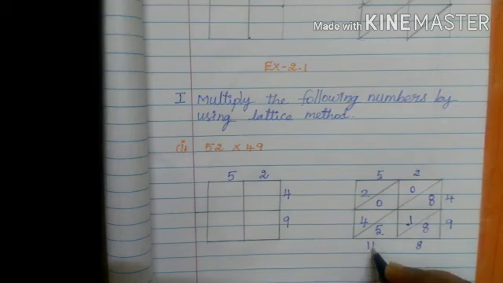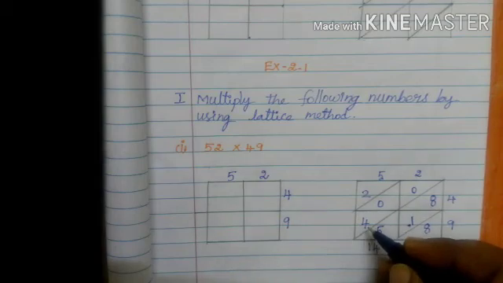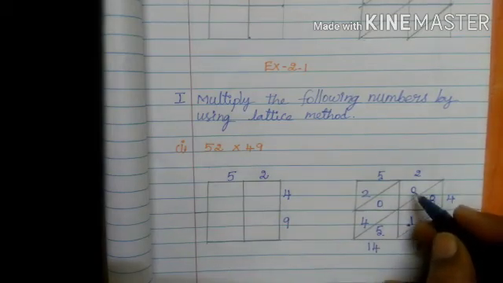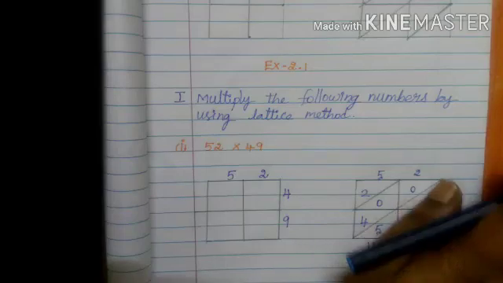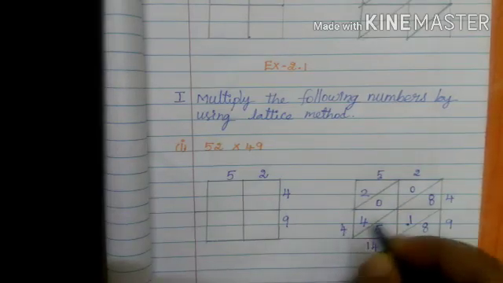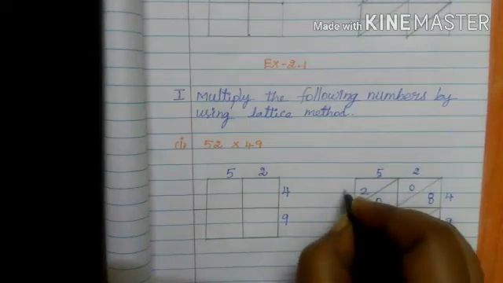So write 14. Then next one, 4 0 0. So you should add for this number line. So 4 only. Then next one, last one, remaining 2 only.